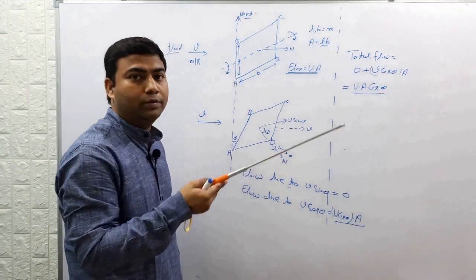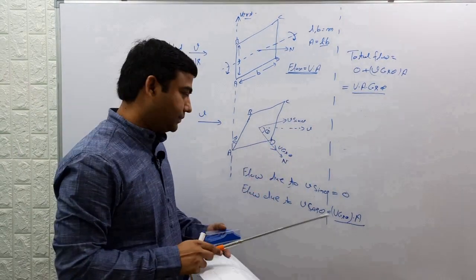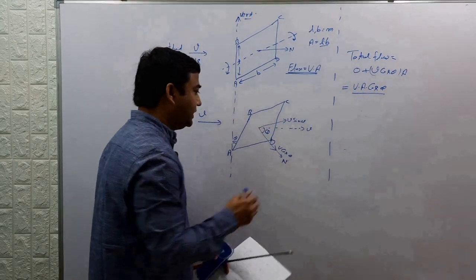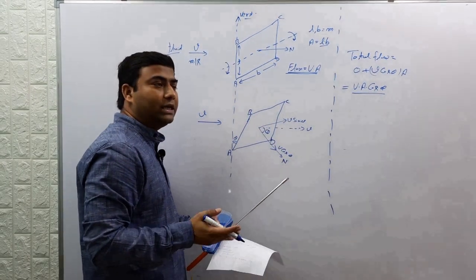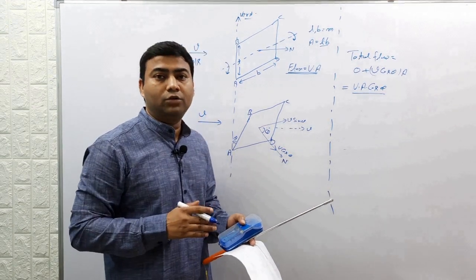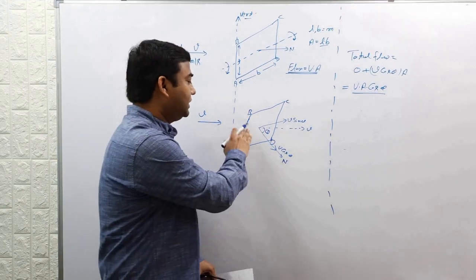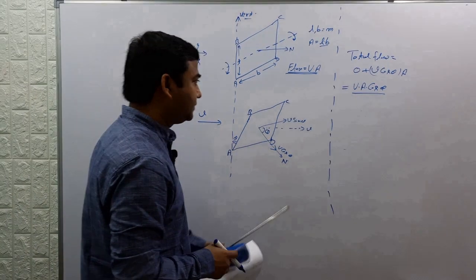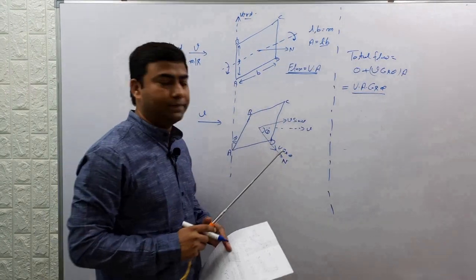That is the new flow: VA cos theta. Earlier it was VA, now it is VA cos theta. So one method to find the flux or flow when the area is tilted, or not exactly perpendicular to the physical vector quantity, is VA cos theta, where theta is the angle between the velocity and the perpendicular on the area. This is one method to find the flux with a tilted area.